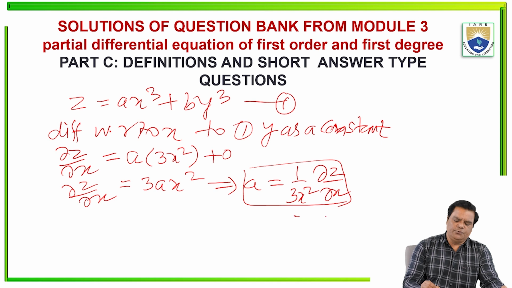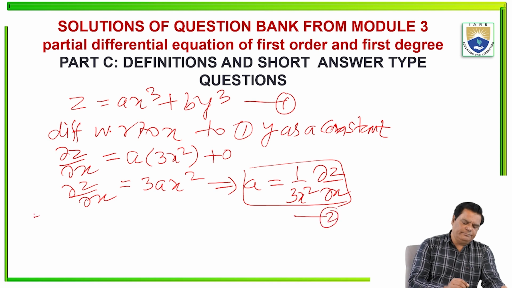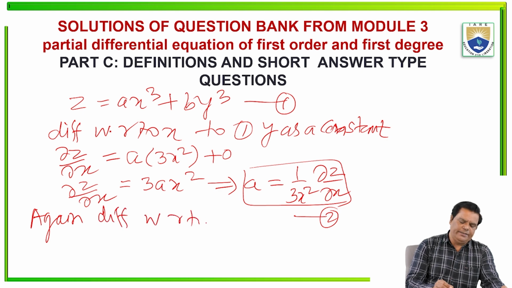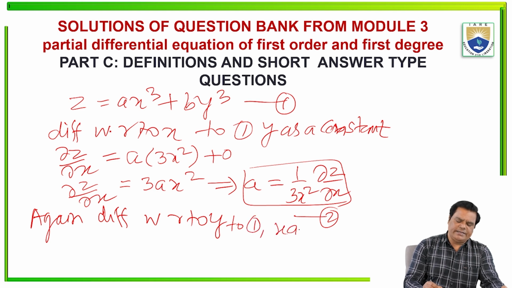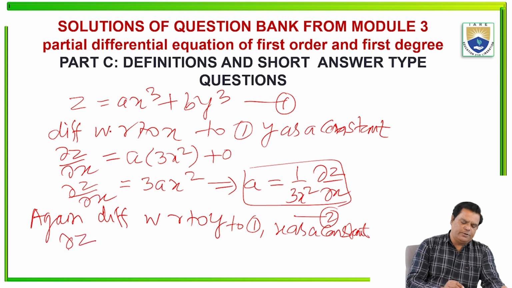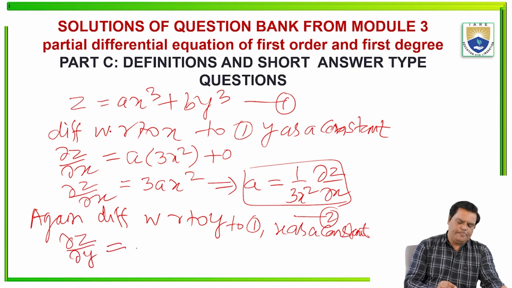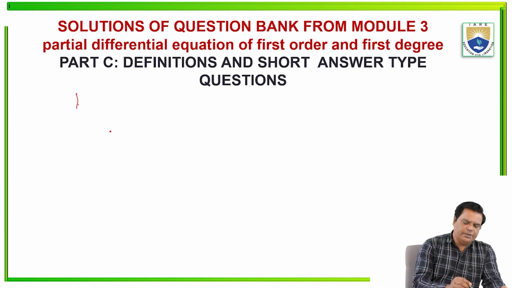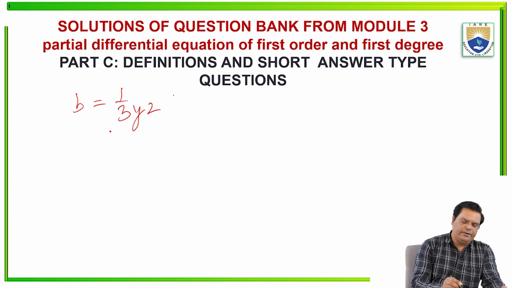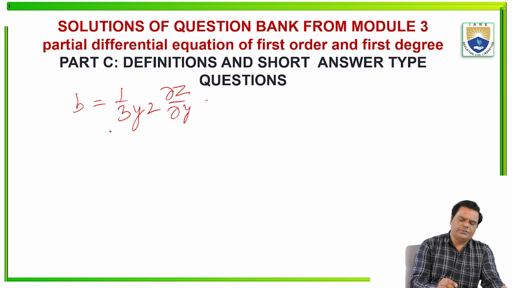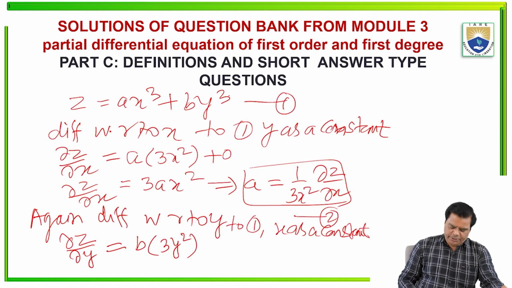This is equation 2. Again differentiating equation 1 with respect to y, taking x as a constant, we get ∂z/∂y equal to b times 3y². Now after simplifying, b is equal to 1/(3y²) ∂z/∂y. This is equation 3.